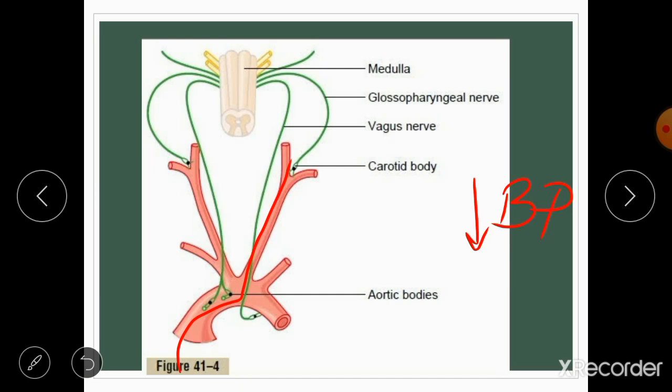Since this body is very rich in chemoreceptors, it is suddenly going to detect that the blood which is coming to it has reduced pressure because it is carrying lesser than normal concentration of oxygen. It can only respond to chemicals such as oxygen, hydrogen ions and carbon dioxide.